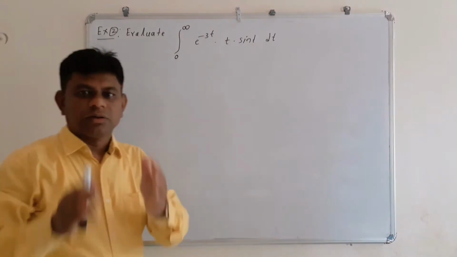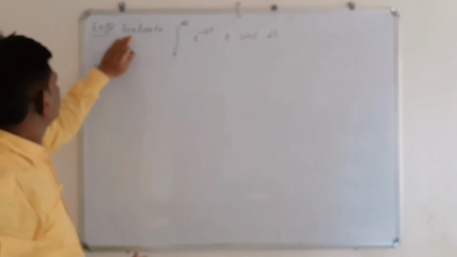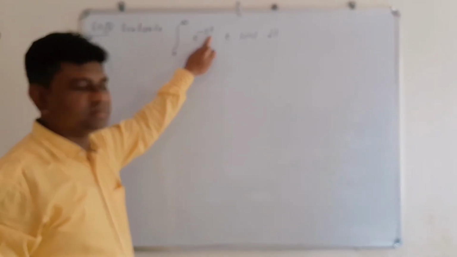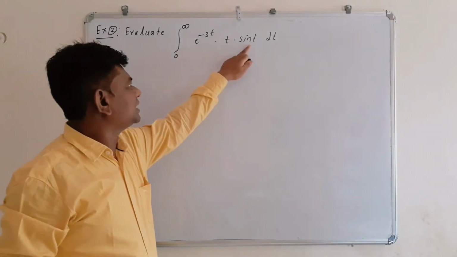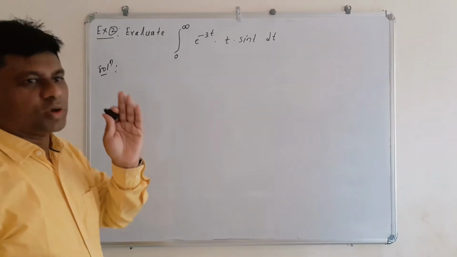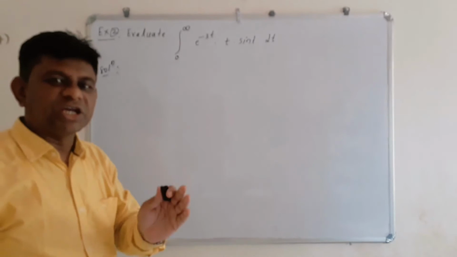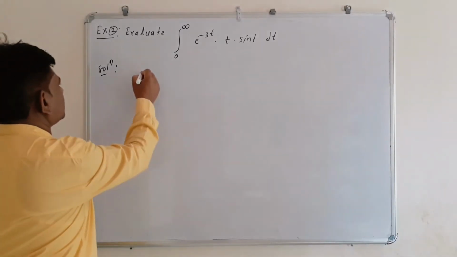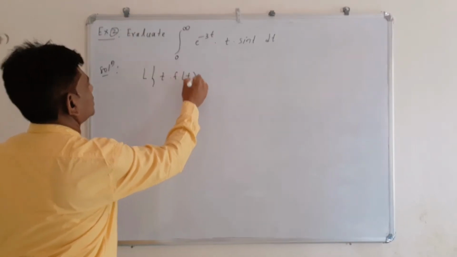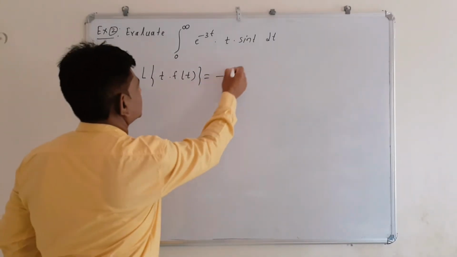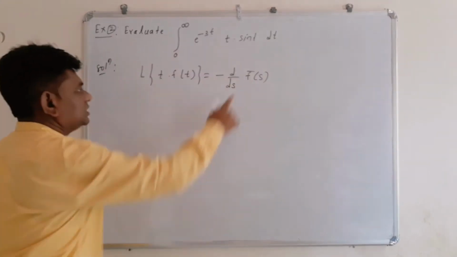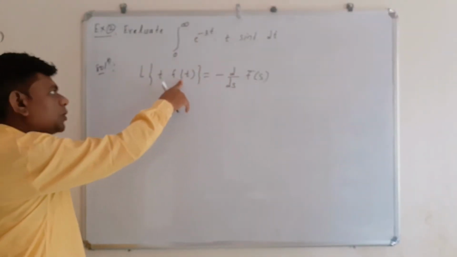Now second example. Evaluate integration 0 to infinity e to the power minus 3t times sin t dt. Now for this problem we know the multiplication by t property: Laplace transform of t times f of t is equal to minus d by ds of f bar s, where f bar s is the Laplace transform of f of t.